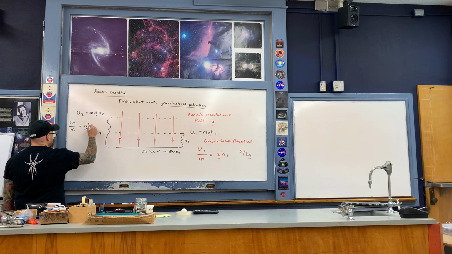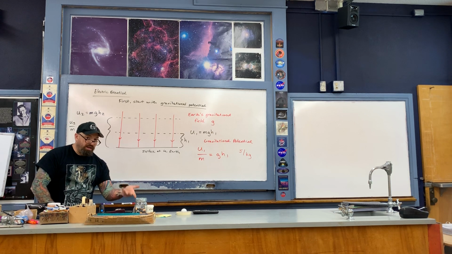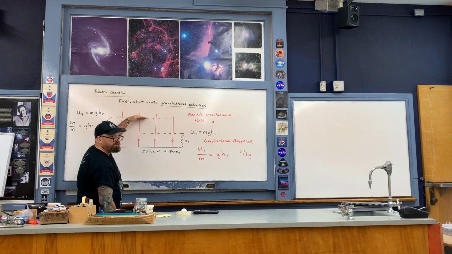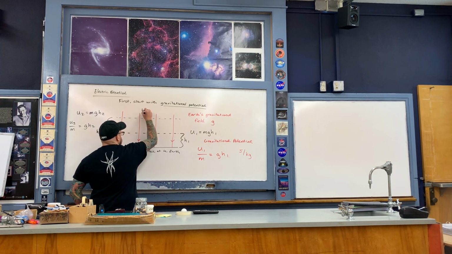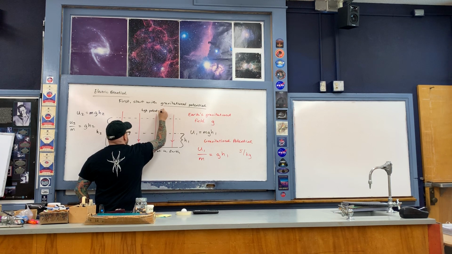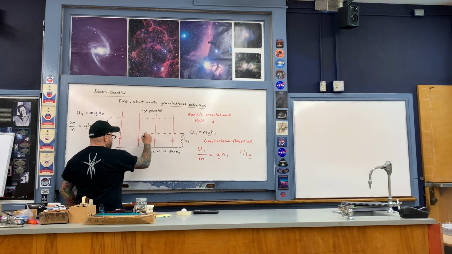That then gives us this quantity here. Now, h2 is greater than h1, so then therefore we say that this right here is a region of high potential, and then therefore this right here is referred to as a region of low potential.